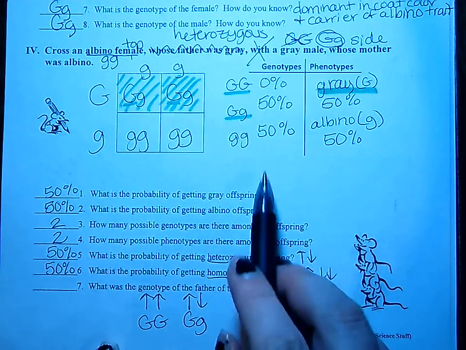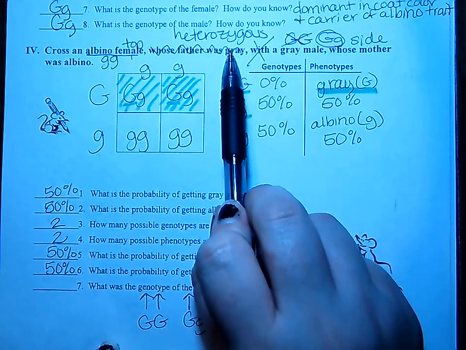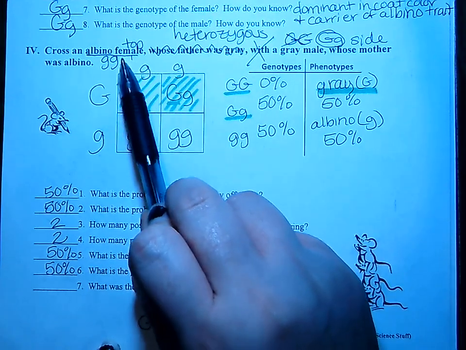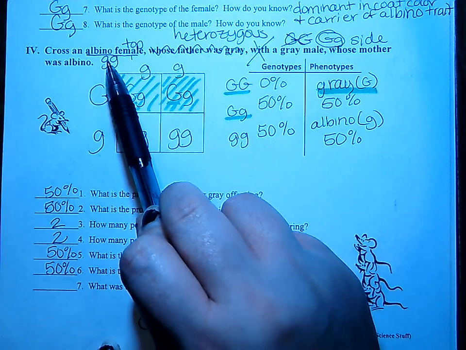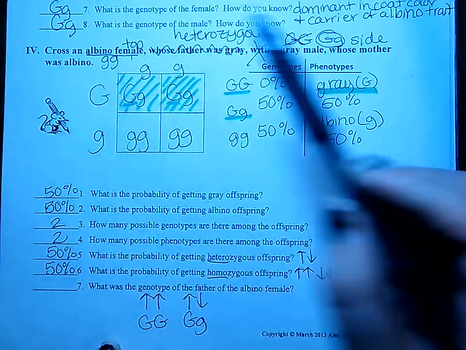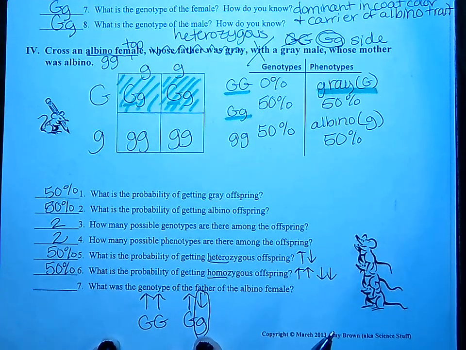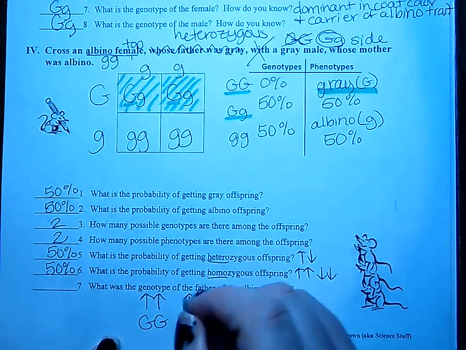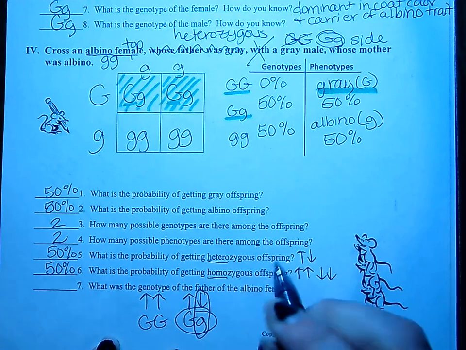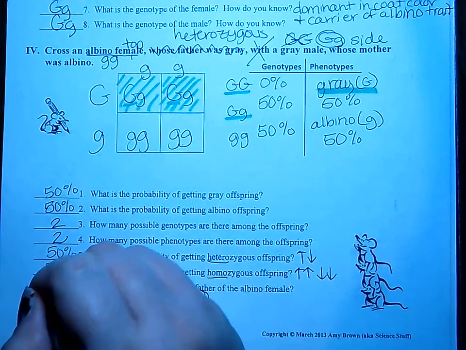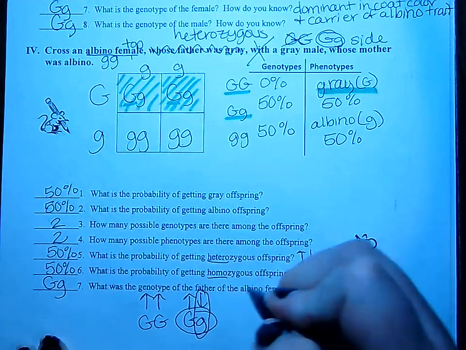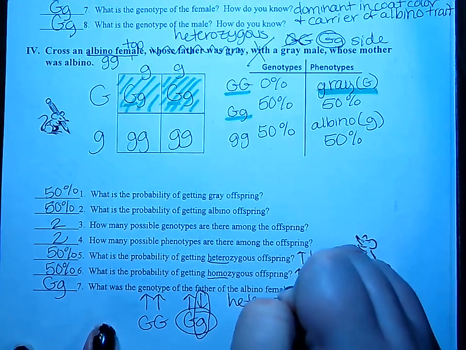But since he produced an albino offspring, he has to carry that recessive albino allele. So he has to be heterozygous. So big, little, heterozygous.